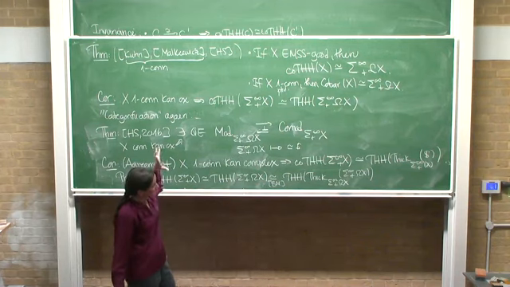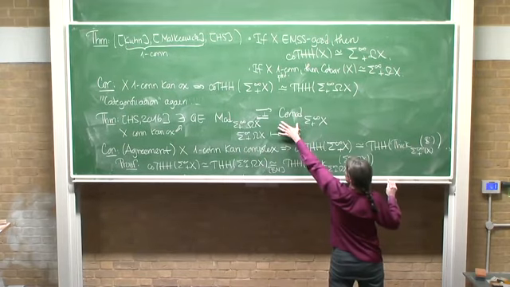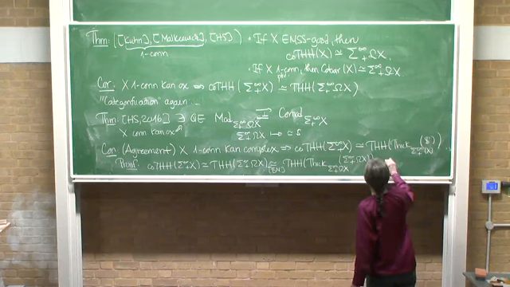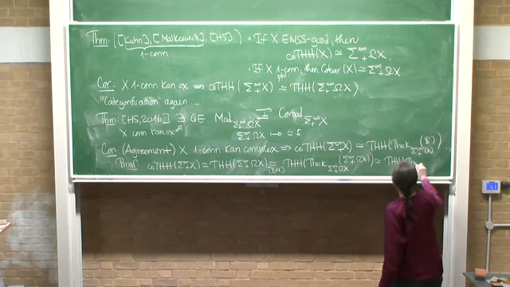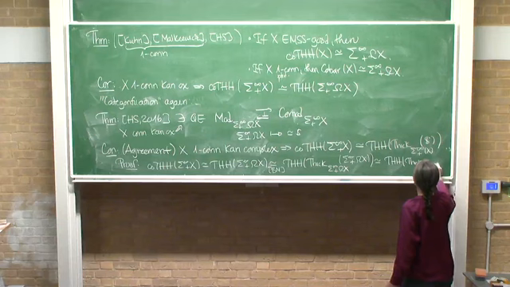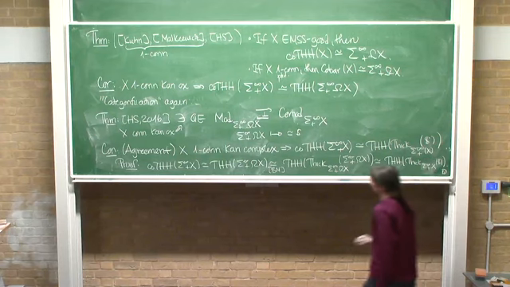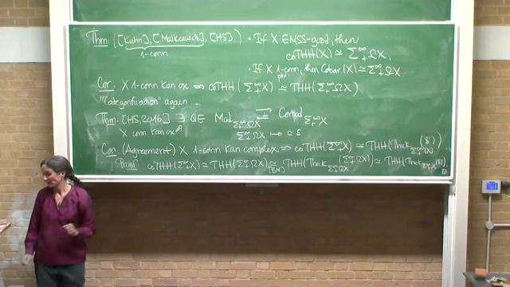Not exactly the sphere spectrum, but something that contracts down to the sphere spectrum. And because we have this enriched Quillen equivalence, that gives us this. So we really need these Quillen equivalences to chase this through and get this agreement.